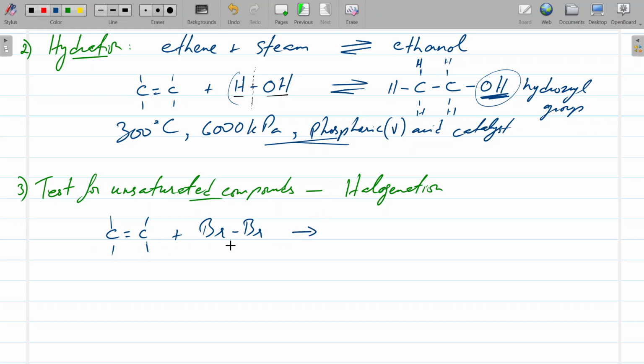So we have ethene plus bromine, and what is that going to give you? You have to add a bromine to each carbon in this case. Would you consider this molecule to be an ethane molecule?